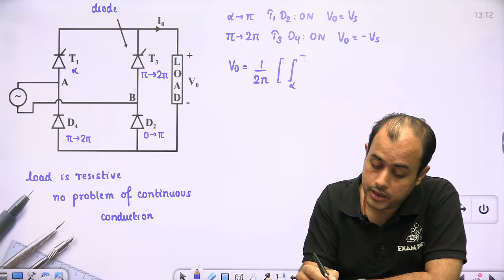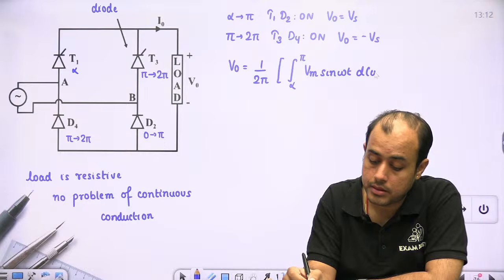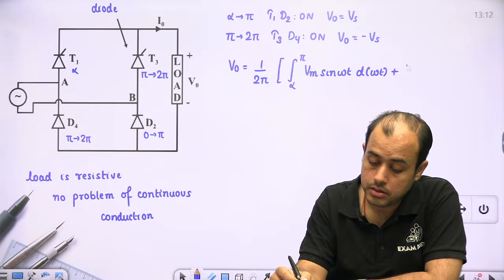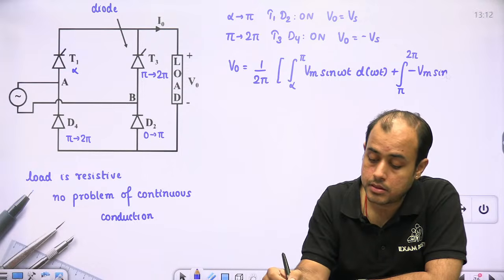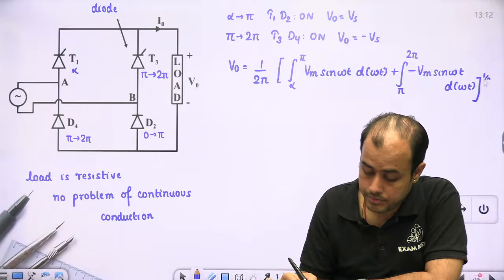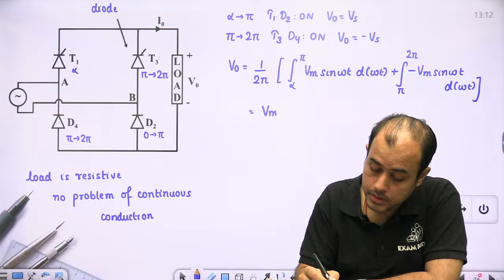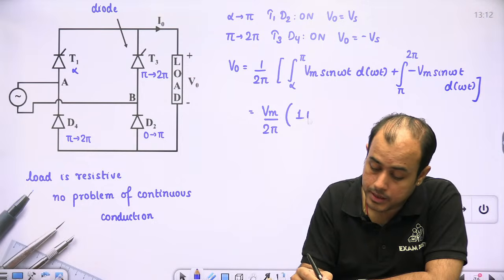So from alpha to pi, Vs means Vm sin omega t. From pi to 2 pi, minus Vm. Vm by 2 pi beta. Integral of sine is minus cos.